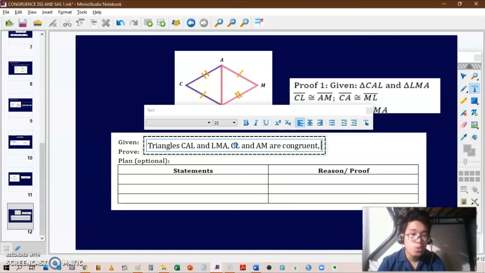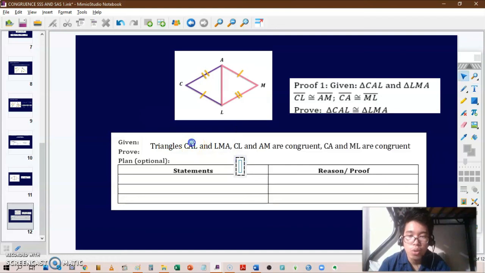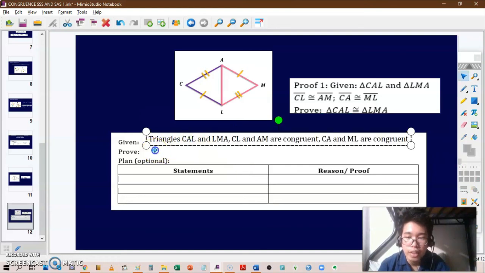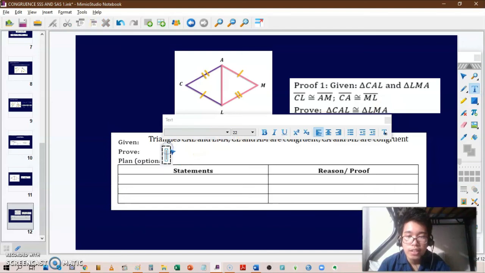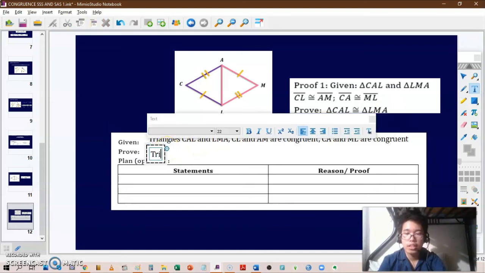We can also say that line segment CA and ML are congruent, because it's written in the given. And we need to prove, so we write here on the proof that triangles CAL and LMA are congruent.